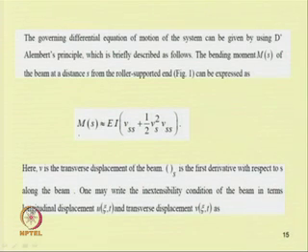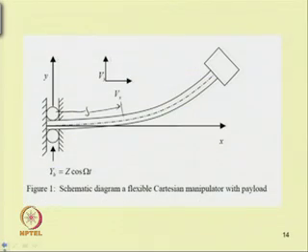Now this bending moment at any section also can be written in terms of the forces. For example, if you take a section here, the section is subjected to inertia force. Let us consider u as the displacement along the axial direction and v as the displacement along the transverse direction. Then for this element, the inertia force in the axial direction will be the mass of this element into u double dot.